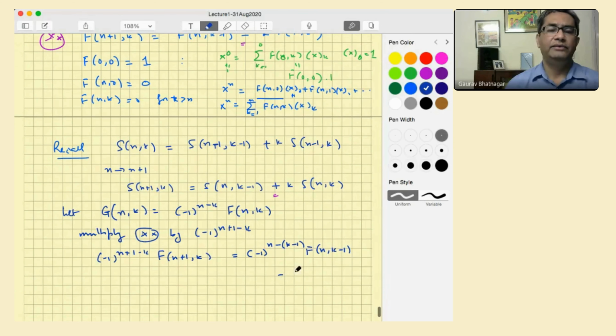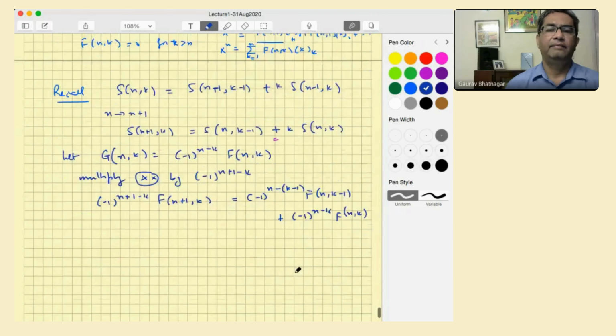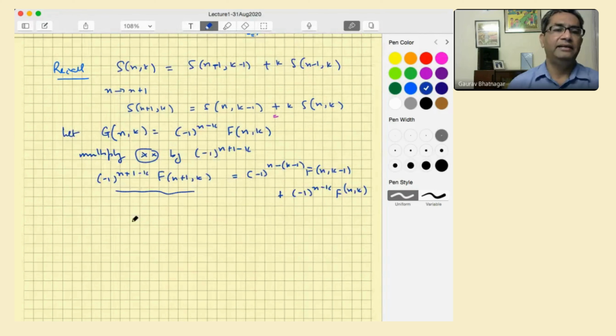And here you get plus (-1)^(n-k) f_{n,k}. So this guy right here is your g_{n+1,k}, which is equal to g_{n,k-1} plus, and there's a k here, k g_{n,k}.